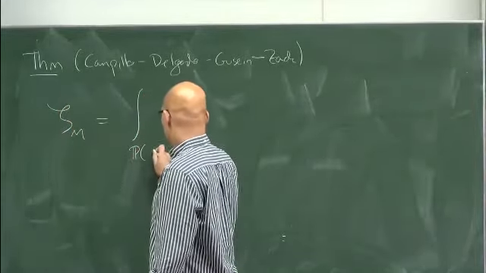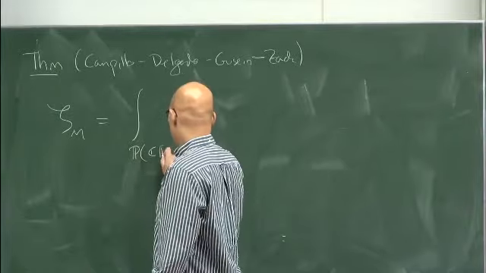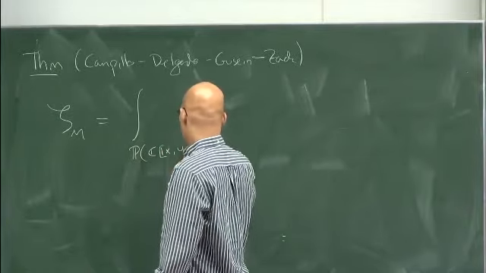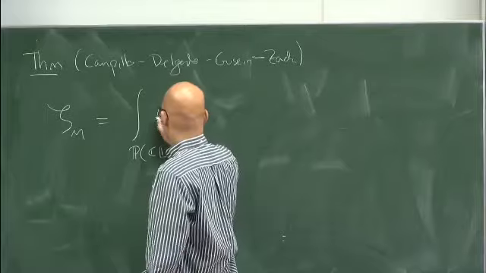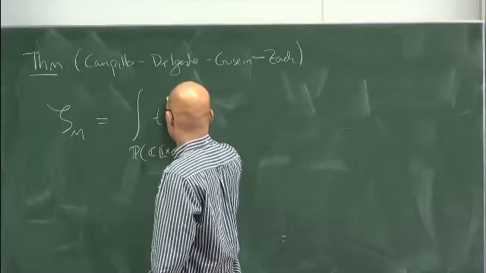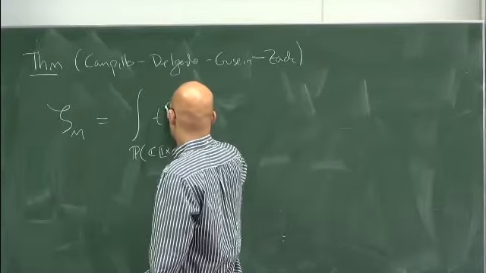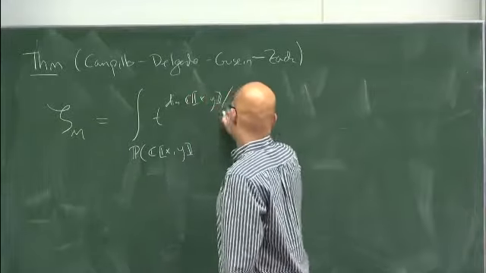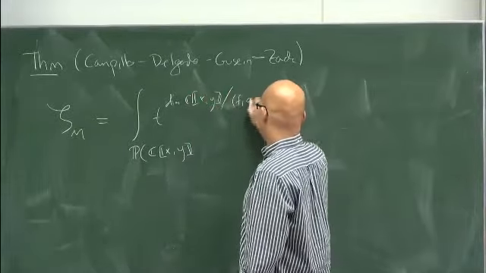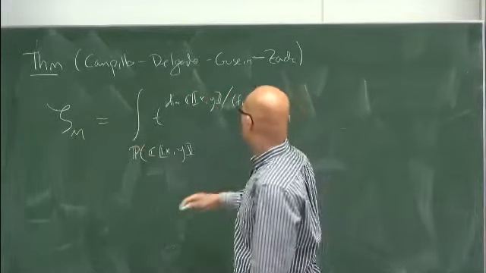Well, the way I'll write it here, look at the ring of functions on the whole space at the origin, and you write this. F is the function cutting out the singularity.